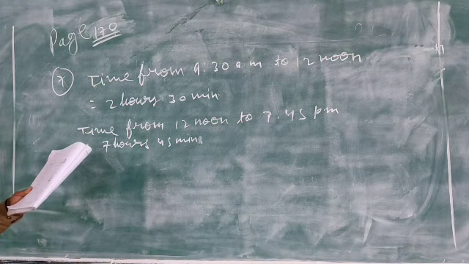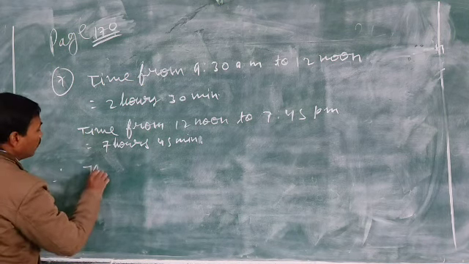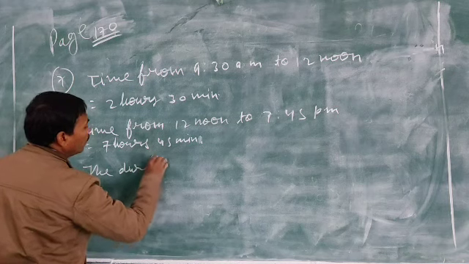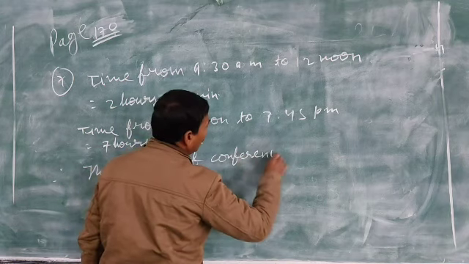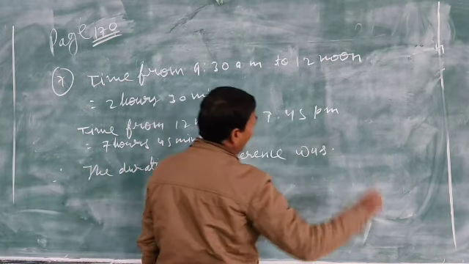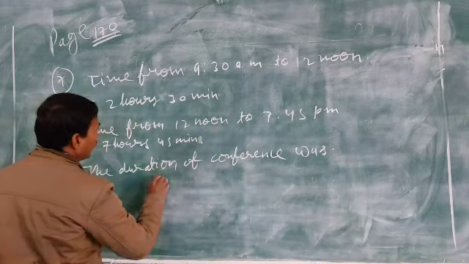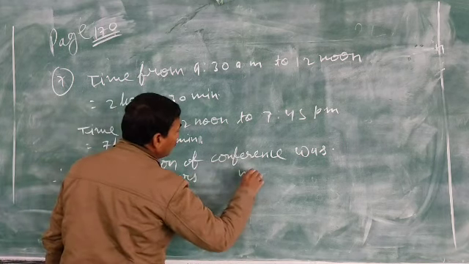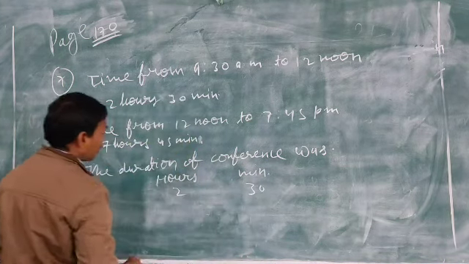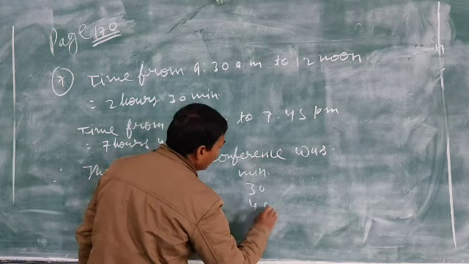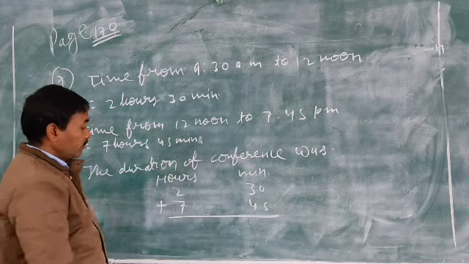Hence, at last you can write: the duration of the conference was, we will add here, you can write hours and minutes in columns, 2 hours 30 minutes and 7 hours 45 minutes. I have explained how to add hours and minutes.